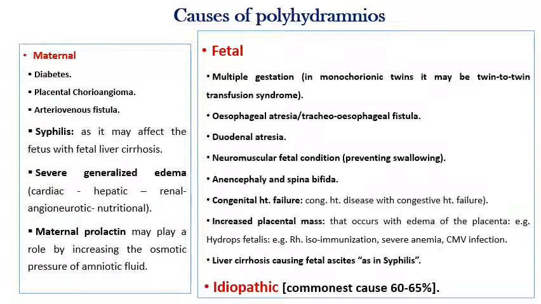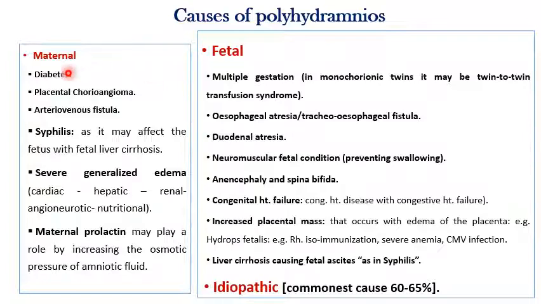Maternal causes of polyhydramnios are less common, occurring usually late in pregnancy after 20 weeks, 24 weeks, gradually accumulating and easily treated, and the pregnancy could continue, so it is named chronic polyhydramnios.